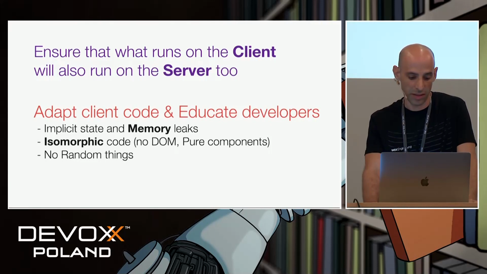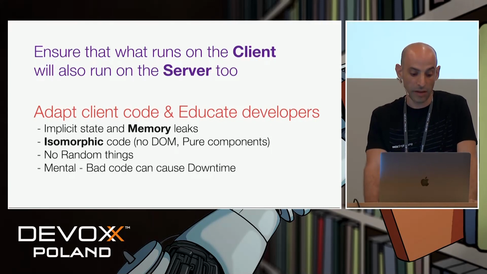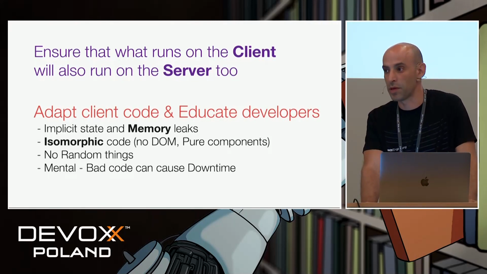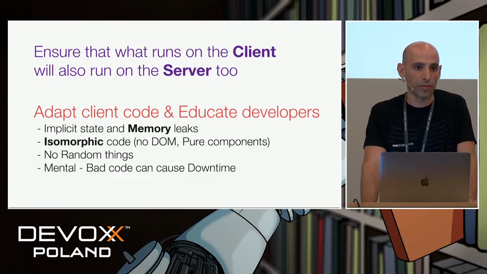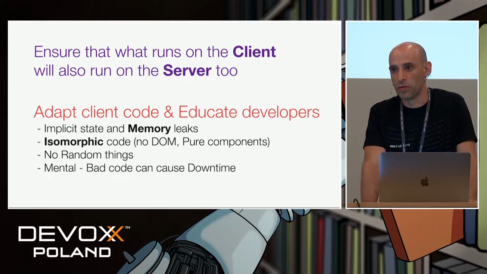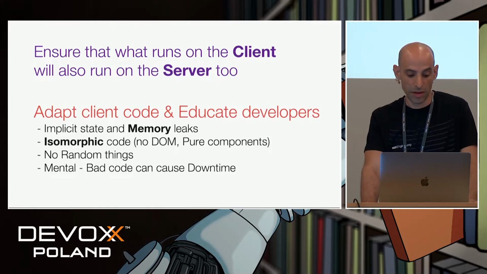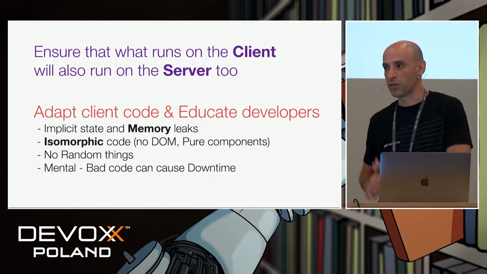And I think the most significant one is the mental overload of client people. They used to write code and do a lot of things that they could do back in the day, but now their code runs on the server.